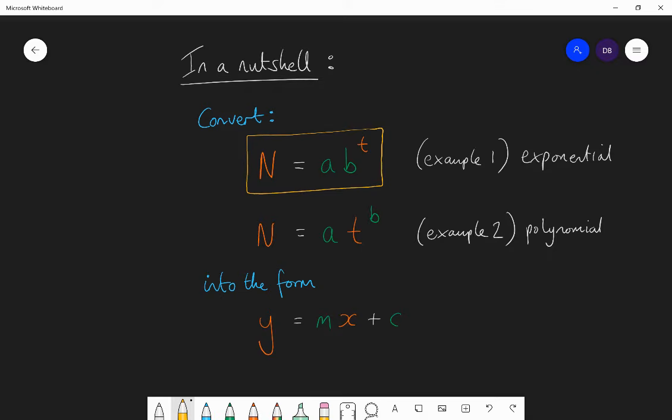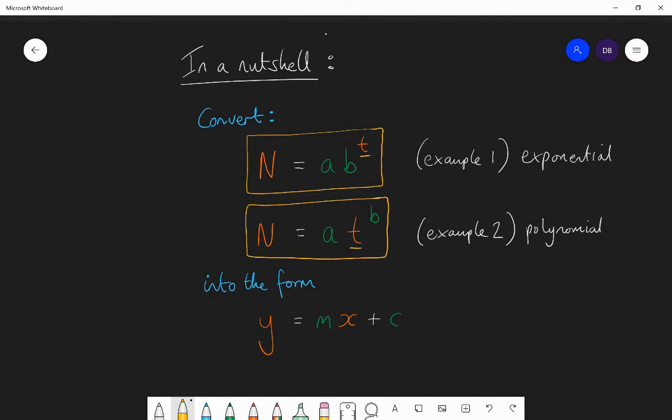And the polynomial one, we will have n equals a times t to the power of b. So here, my unknown is no longer in the exponent. So in an exponential, the unknown, so the variable, is in the exponent. Here in a polynomial, the unknown is put to a specific power.